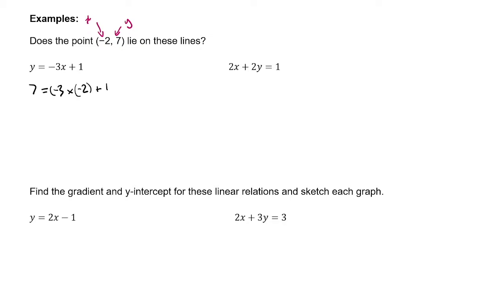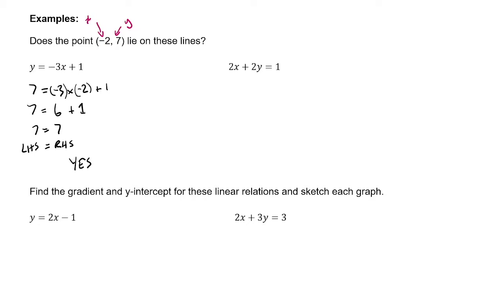I'm just going to chuck some little brackets around there, so we're going to leave the 7 on its own. -3 times -2: two negatives multiplying together gives +6, plus 1, 7 equals 7. The left-hand side equals the right-hand side. So yes, that is our answer there.